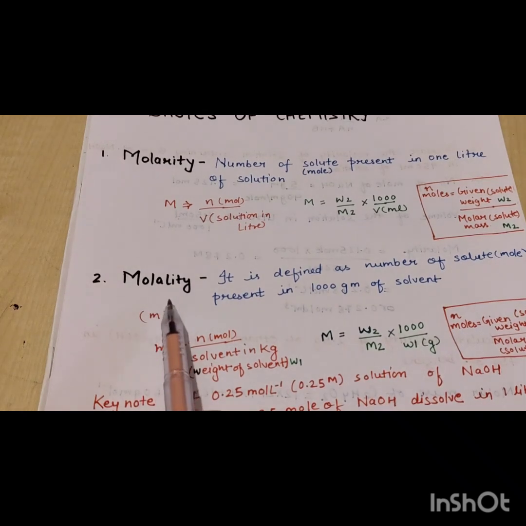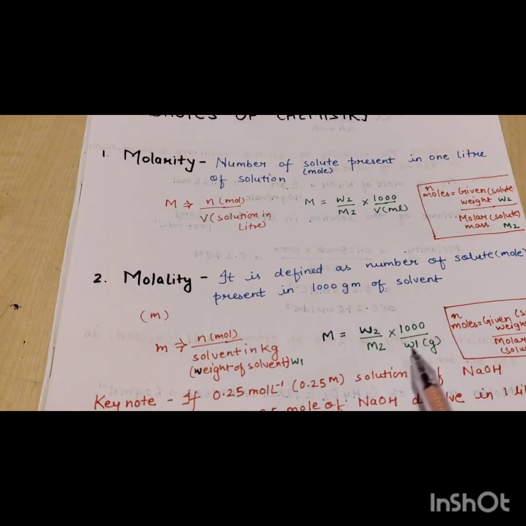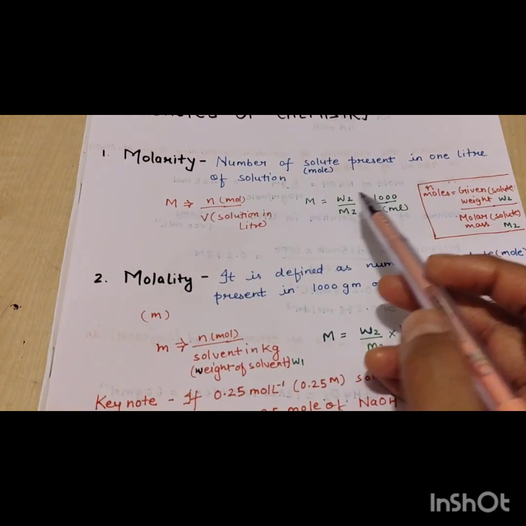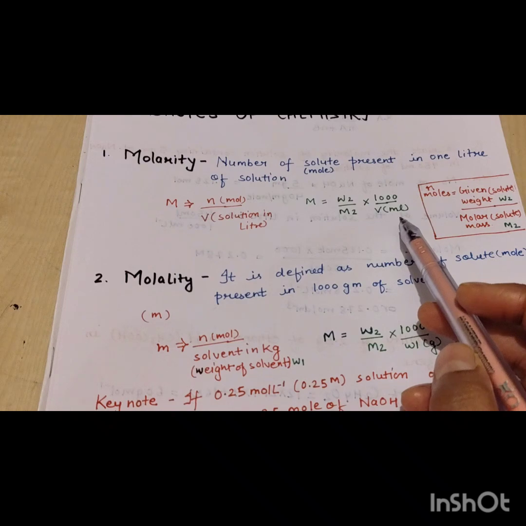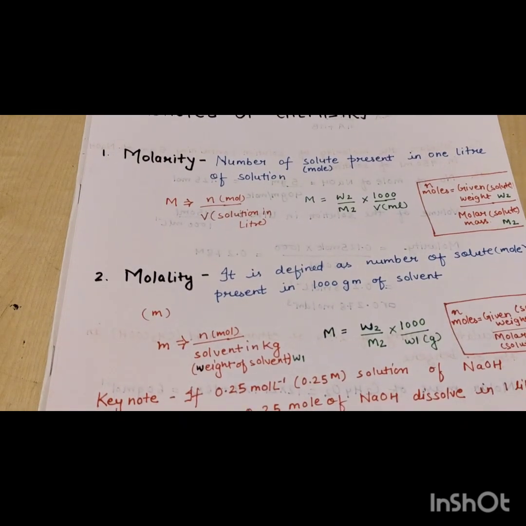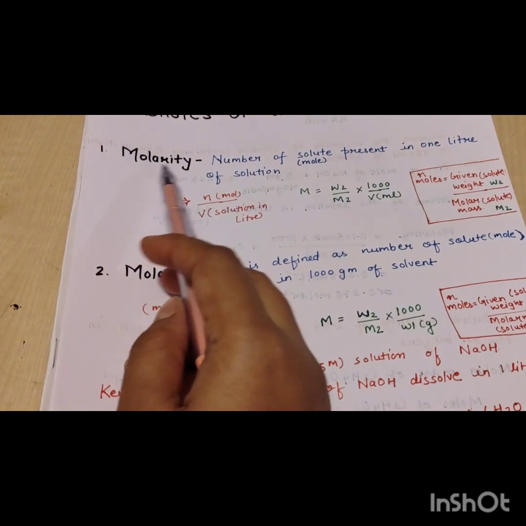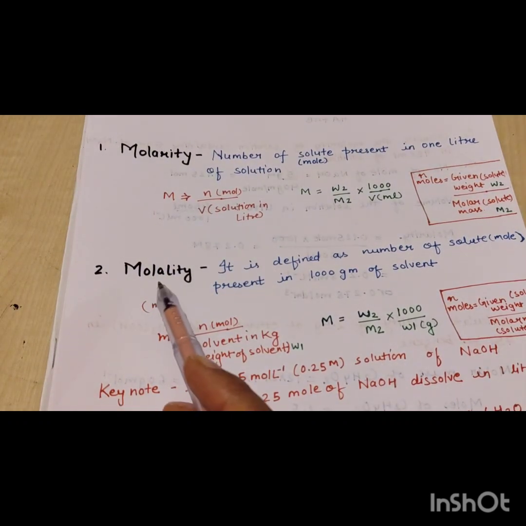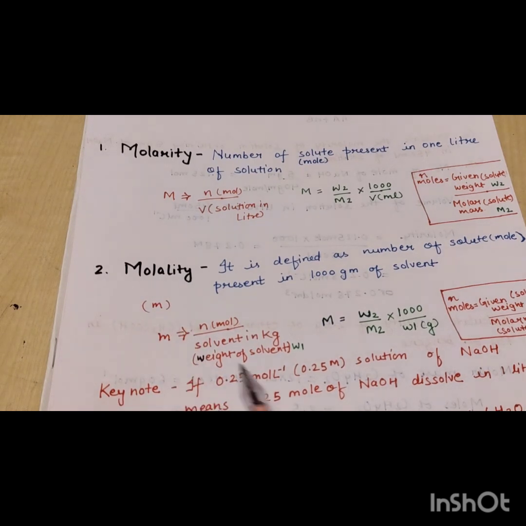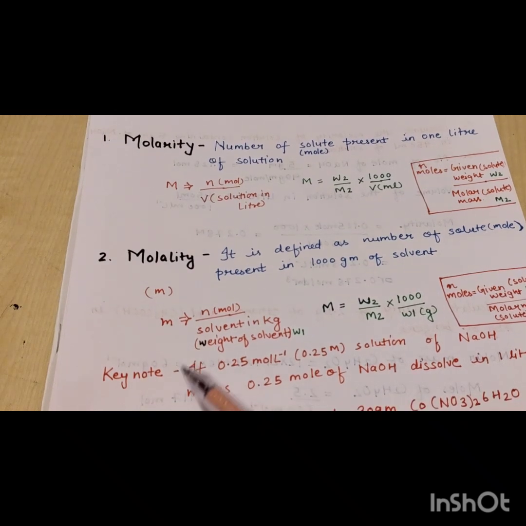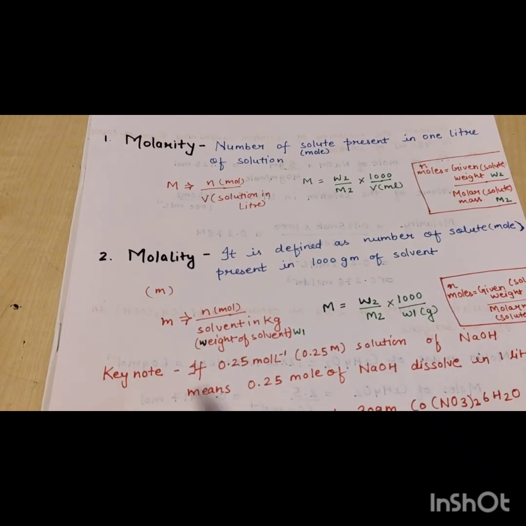The basic difference is that in molality we divide the number of moles by 1000 gram of solvent, and in molarity by per liter of solution. You can remember it by the term: in molarity, liter comes, and in molality, liter does not come. That's the key point to remember.